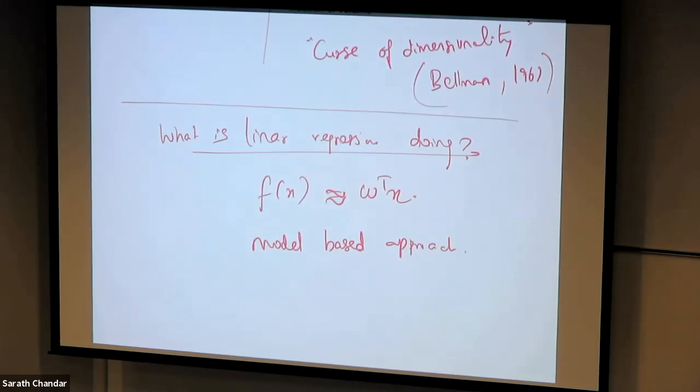Okay, so in this case, we are not conditioning on x, right? Instead of conditioning on x, we have used the knowledge of this functional relationship, by looking at various values of x and y, to come up with w, which is basically the expected value of x transpose x, inverse, times the expected value of xy.